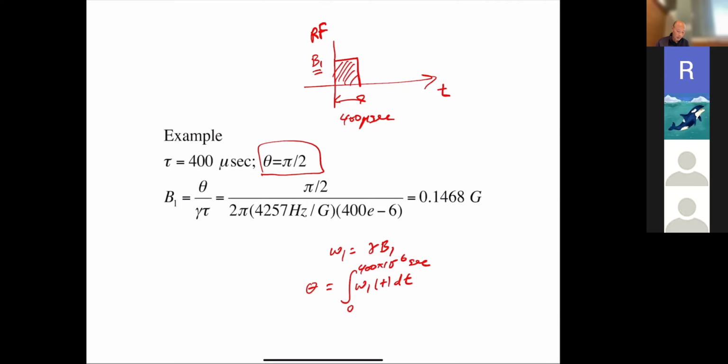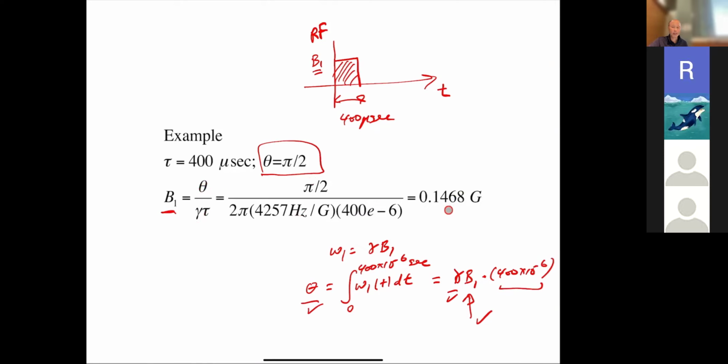But this just equals gamma B1 times my 400 microseconds. So I know what my theta is, I know what gamma is, I know what this time is. Then I just solve for B1, and that's what's done here. So B1 equals theta over gamma times the duration of my pulse. I just plug everything in.